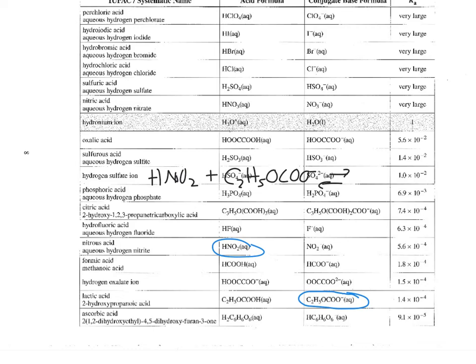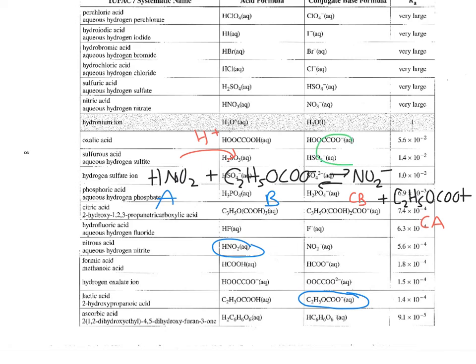So my acid, again, is going to donate a proton. So this is my acid, this is my base. My acid donates a proton, so I'm going to have NO2 minus, and I'm going to have C2H5OCOOH. So I have my conjugate base of that acid and my conjugate acid of the other base. That's how I can determine the products.